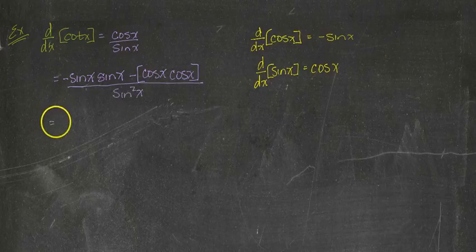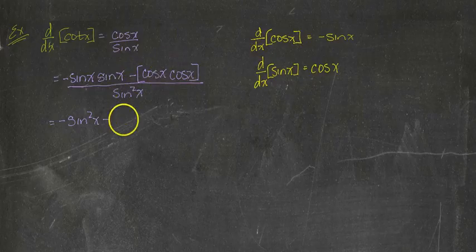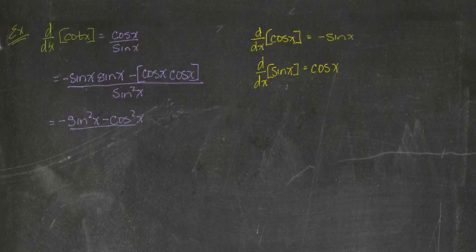Okay, let's do a little simplifying. Well, I have negative sine squared of x minus, and now I can remove the brackets, minus the cos squared of x all over sine squared x.